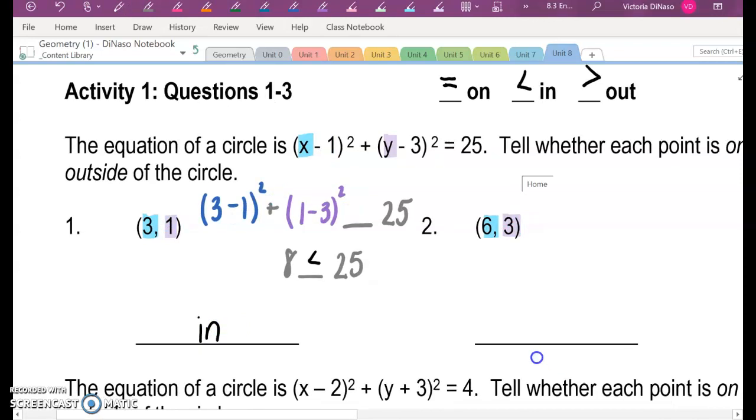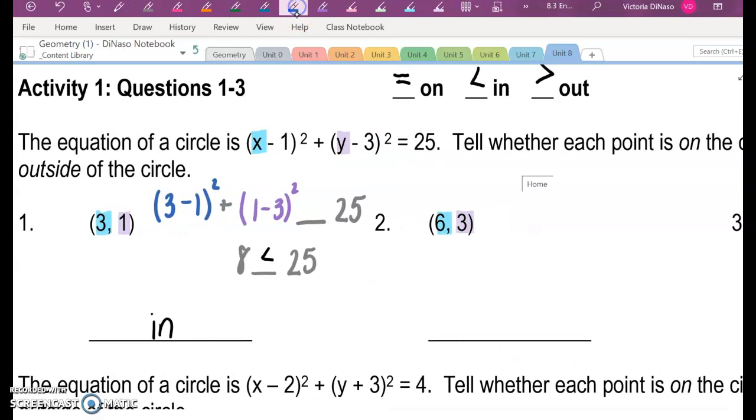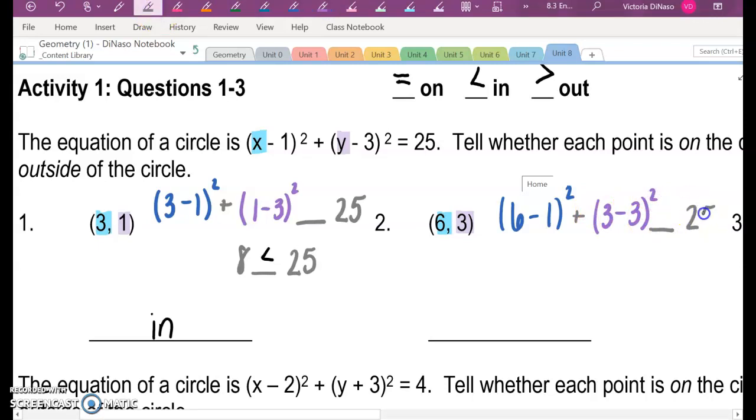And then you do the same thing for number 2. So you're going to plug in the 6. So we've got 6 minus 1 squared plus, and then you're going to plug in the 3. 3 minus 3 squared, and then we have to figure out blank 25. So you're going to type that whole left side in your calculator at the exact same time.